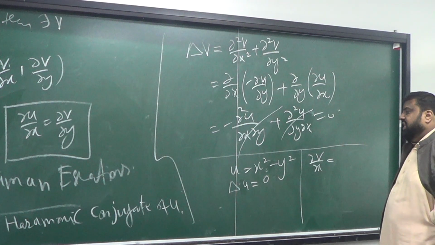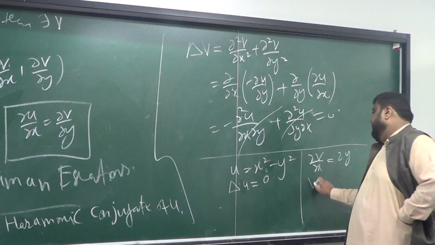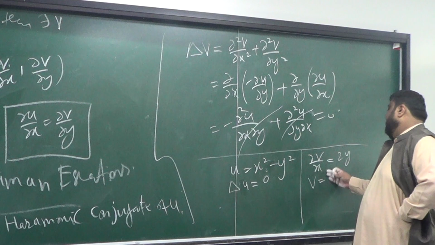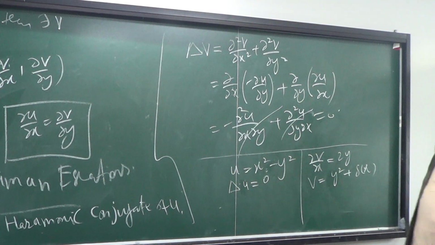So it's going to be 2y. And V is going to be 2xy plus some function depending on y, because you're integrating with respect to x.